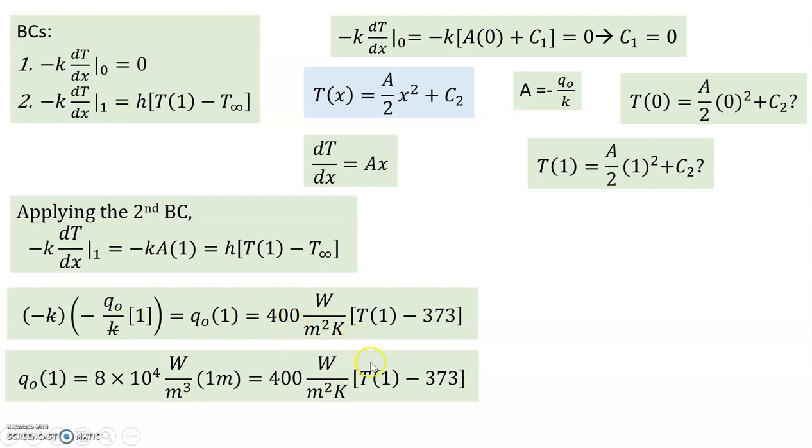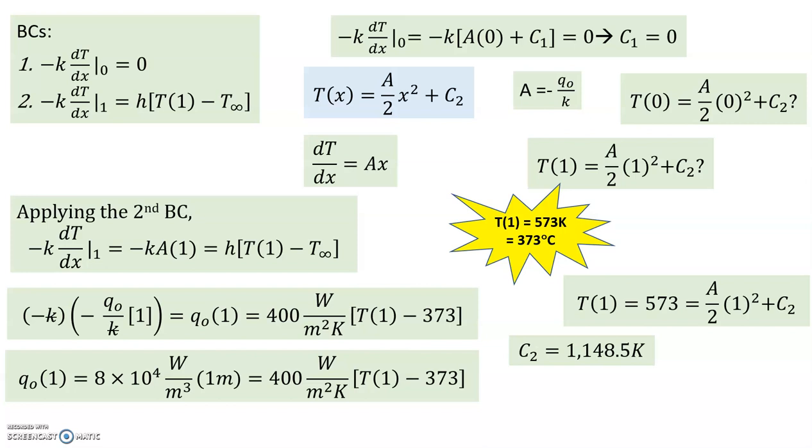Please check the units as well. They should match on both the left and the right side of the equation. If you solve that, you'll find that the temperature on the second surface is 373 degrees C. How about the temperature on the surface that has been insulated?